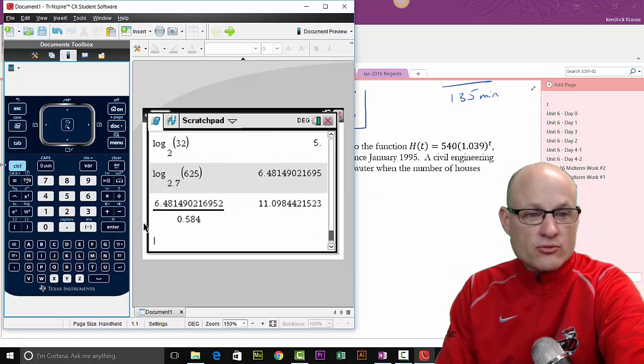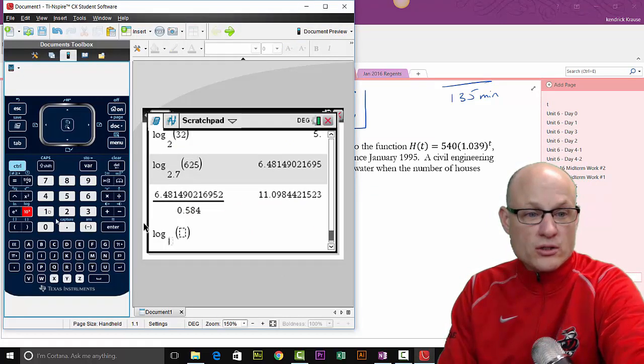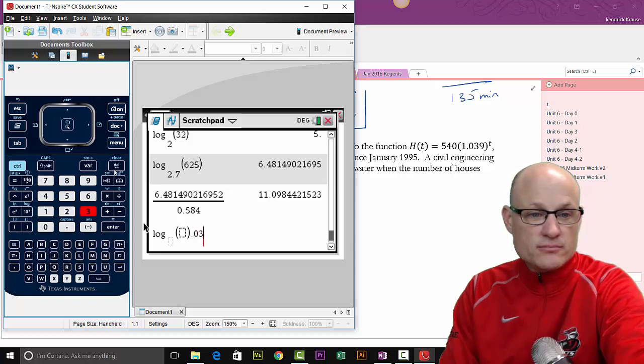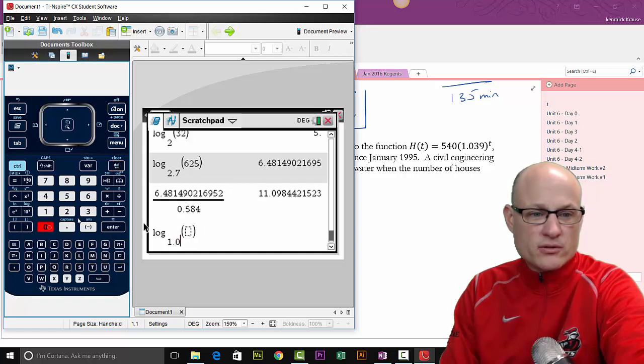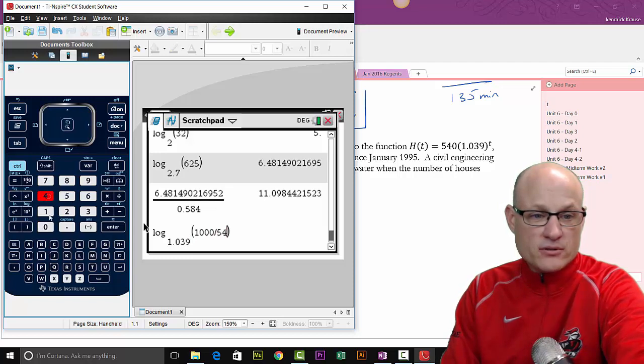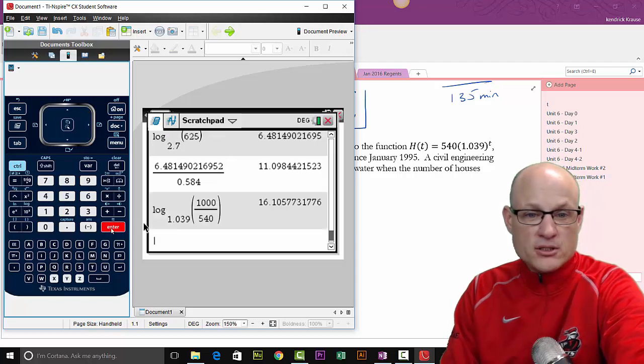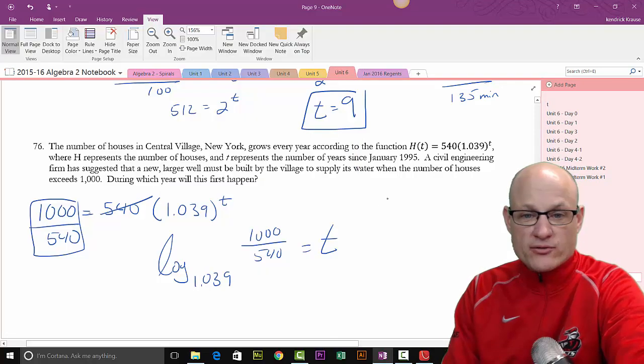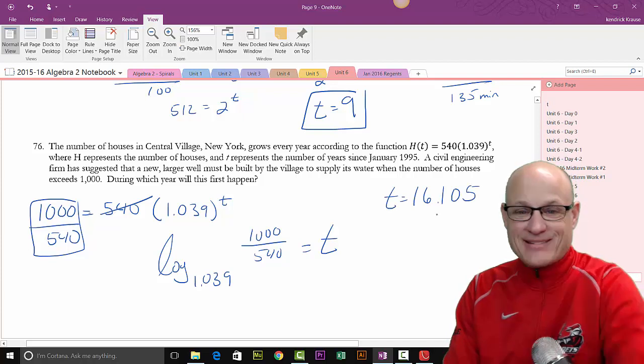So control log base 1.039 of 1,000 divided by 540. 16.105. So T equals 16.105. So it's about 16 years.